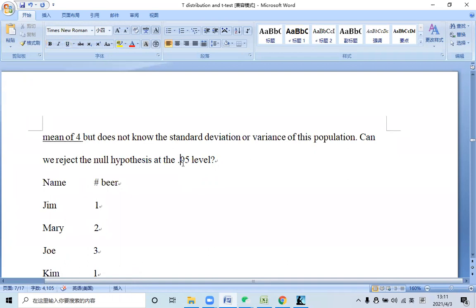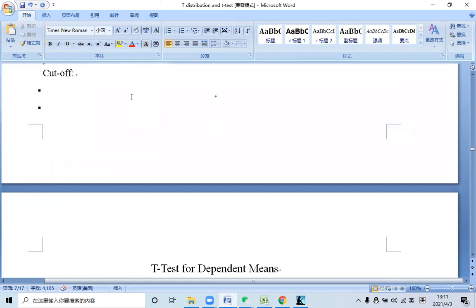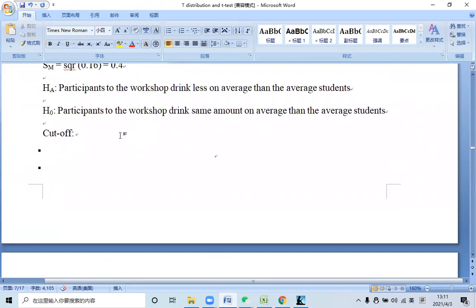We want to use a 0.05 level of significance. Let me write it down here. P-value is smaller than or equal to 0.05. That's one piece of information.